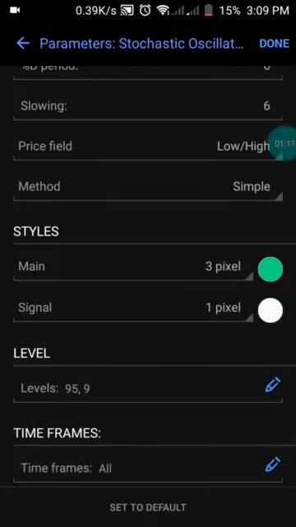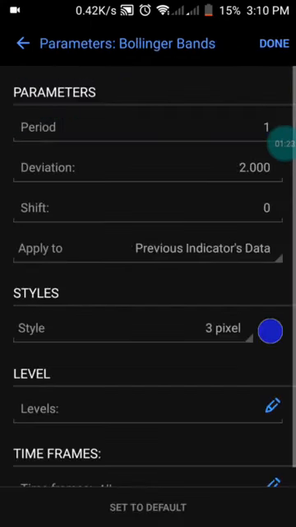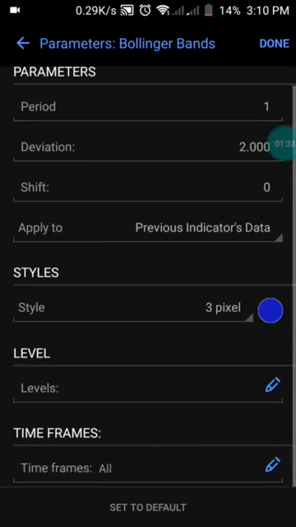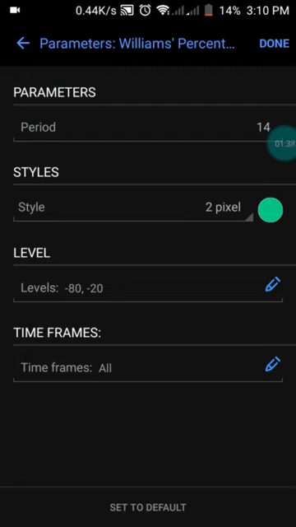I have my levels at 95 and 9, and also I have my Bollinger Bands, with a period of 1, deviation of 2, shift of 0, applied to previous indicator data. I have my style in blue color, so I don't have any level. You can press done, and I have my Williams Percent Range, with a period of 14 and style of 2. I have my levels at negative 80 and negative 20.